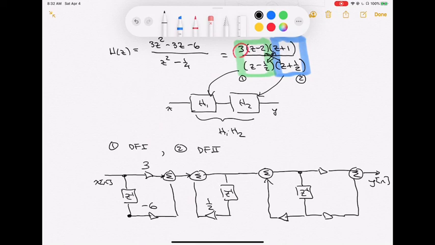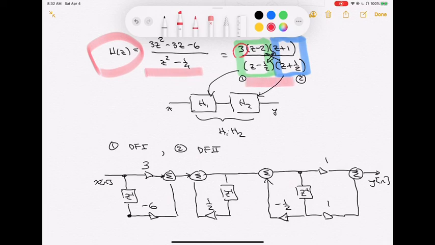What are these pieces in here? If I take a look at that blue block above, right, that's the H2. My B0 and B1 are both 1. So I'm going to get a 1 here and a 1 here. You probably didn't even have to draw it as a multiply. The A1 in the denominator is a half, but that needs to be negated, so I get a minus 1/2 in here. So here's an example of taking a second order transfer function, right? If I wanted to go ahead and do that second order transfer function, let's do this in red. That second order transfer function, there it is.